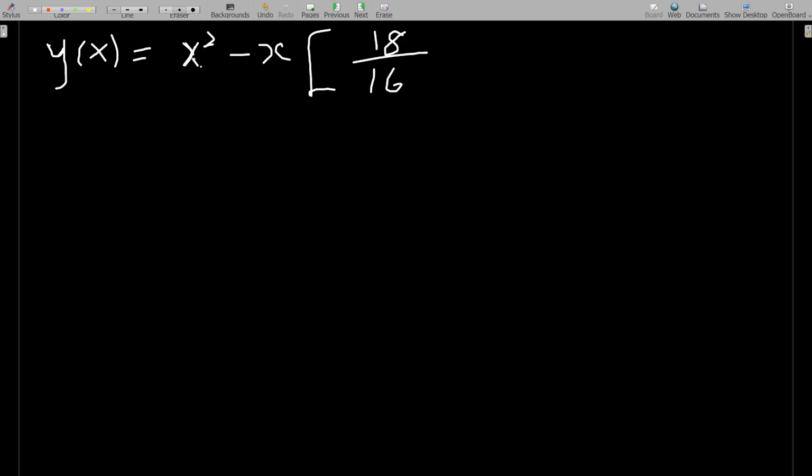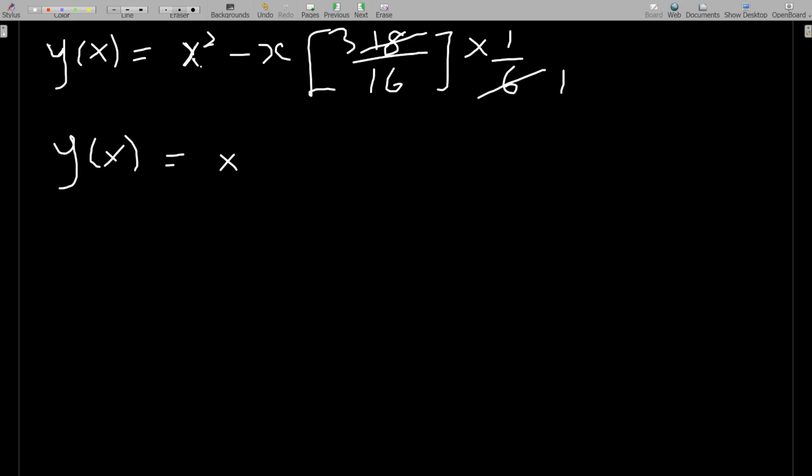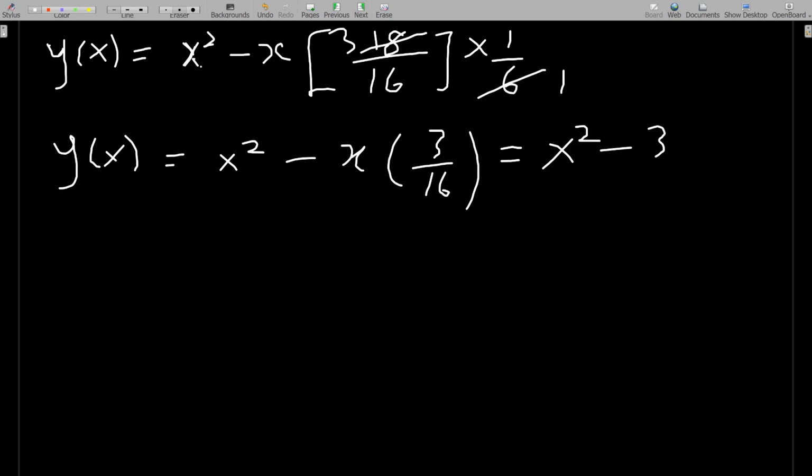So this means that I will get y of x being equal to x squared minus x into 18/16 times 1/6, and 6 goes here 1 and goes here 3, so I have y of x being equal to x squared minus x into 3/16, which is the same as x squared minus 3x/16.